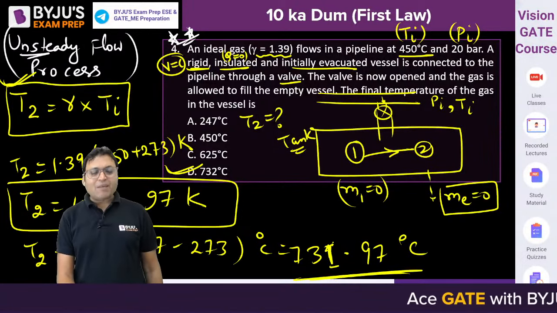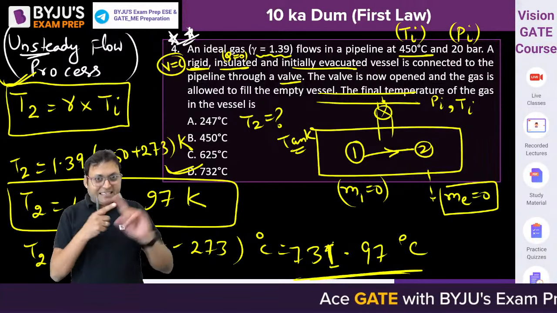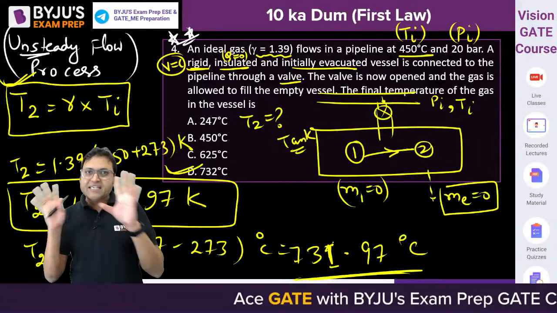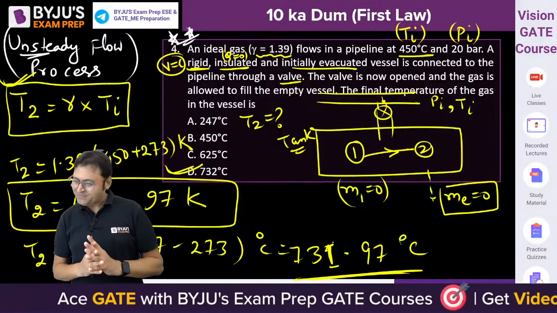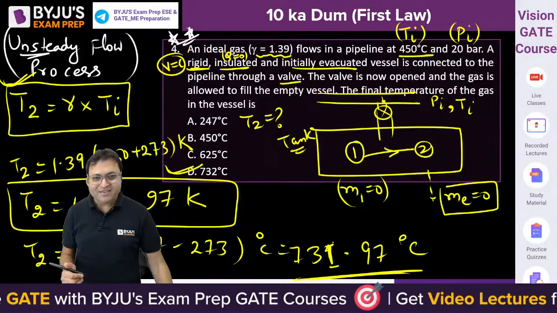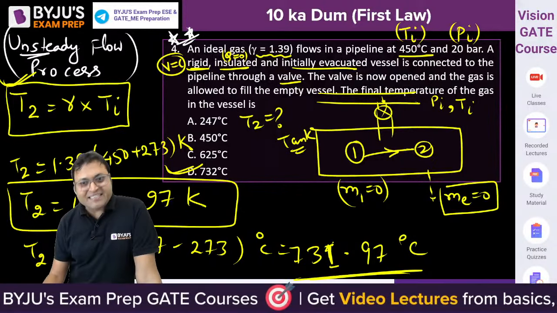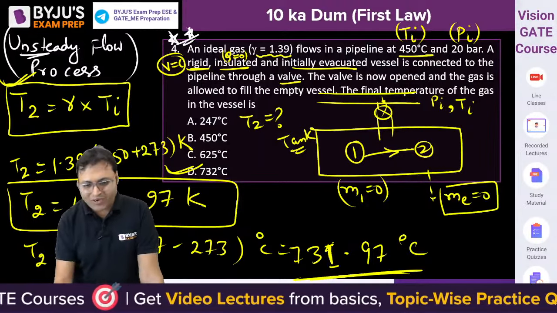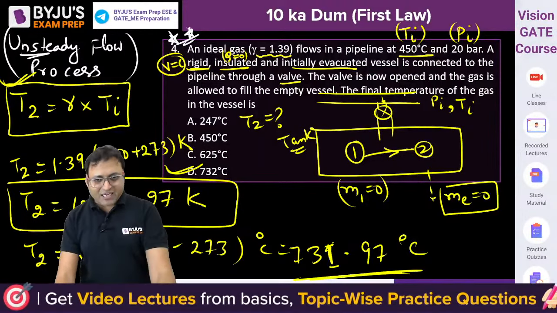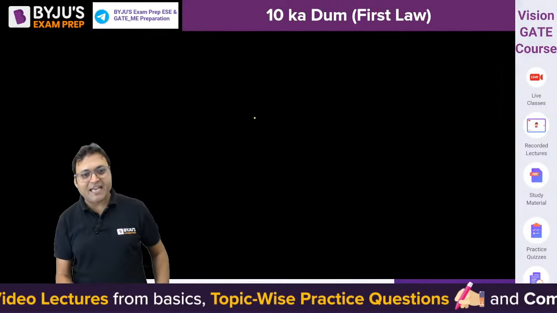The formula is applicable only when the tank is rigid, insulated and initially evacuated. These three things are important for this formula to be applied. Well done, Ludwig. And the other thing is there is no outlet in the tank. There is only an inlet, but no outlet. Then we obtain this formula. Let me give you an understanding.